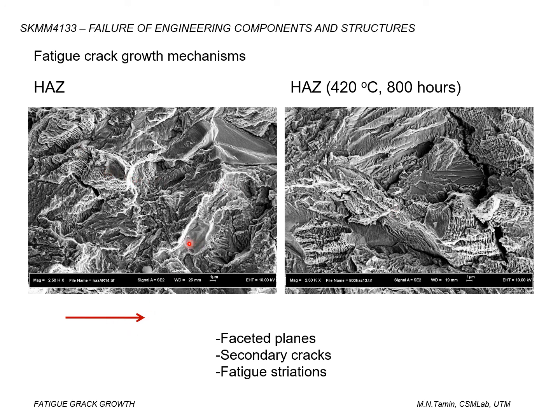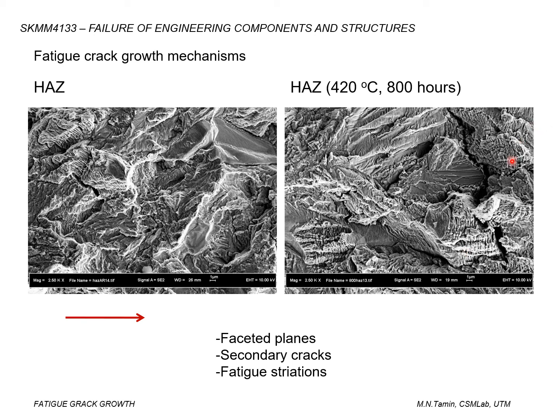However, oftentimes we can also see cracks or traces of cracks in the direction normal to this screen. That is referred to as secondary cracks. The other thing for fatigue, we can identify at proper magnification, is fatigue striations, shown as parallel, very finely spaced lines here, and that is indicative of fatigue crack propagation.